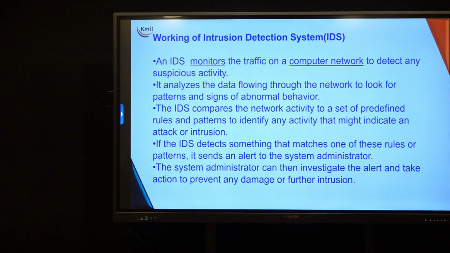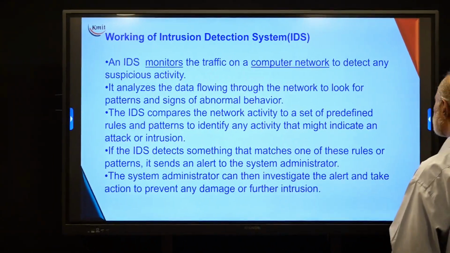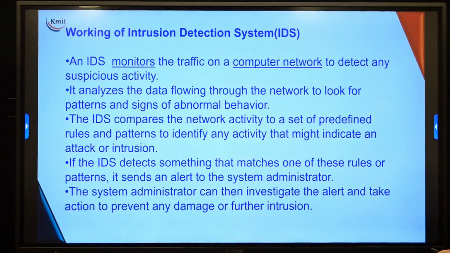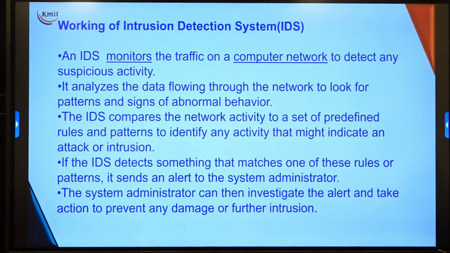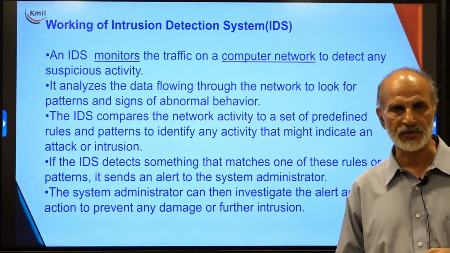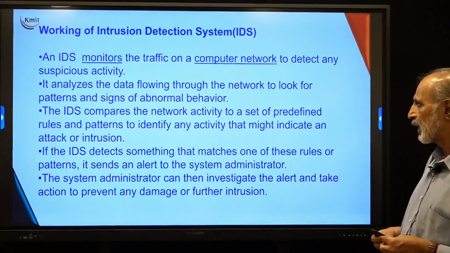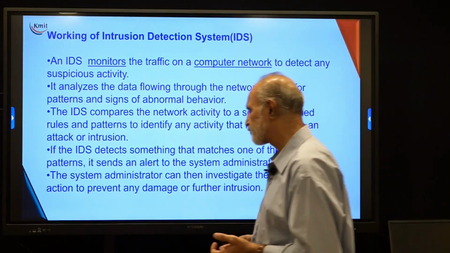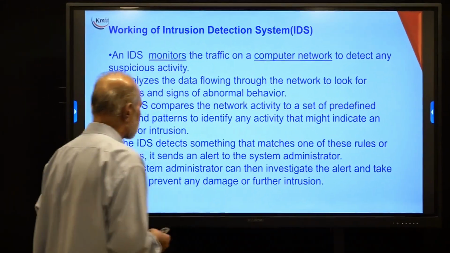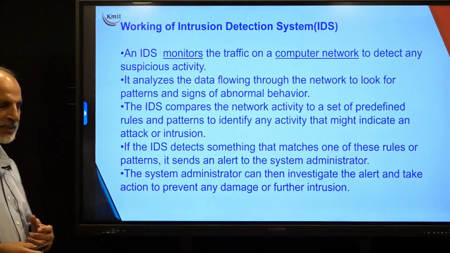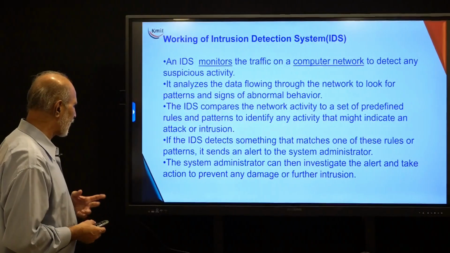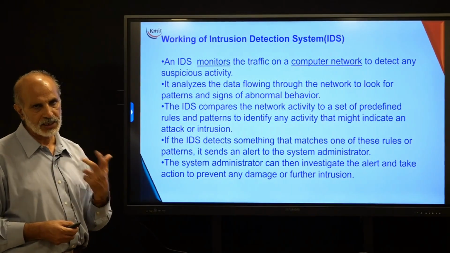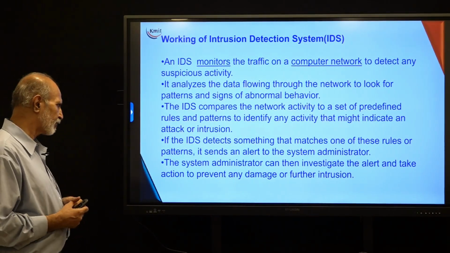An IDS monitors the traffic of a computer network to detect any suspicious activity, analyzes the data flow through the network to look for patterns and signs of abnormal behavior. Then the IDS compares the network activity to a set of predefined rules and patterns, and any activity that may be viewed as an attack or an intrusion, so unwanted activity.